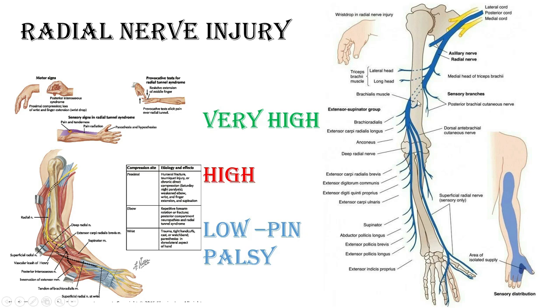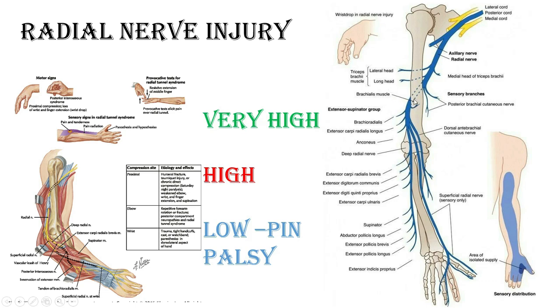Okay. Now in the spiral groove, when it just exits, it also gives a twig to the lateral head. So the lateral head is supplied two times: one from the axilla, and another from the spiral groove.